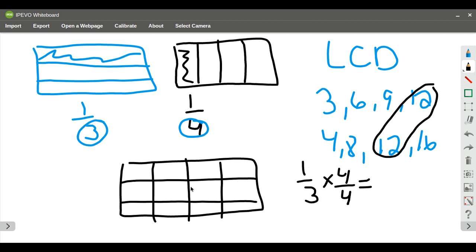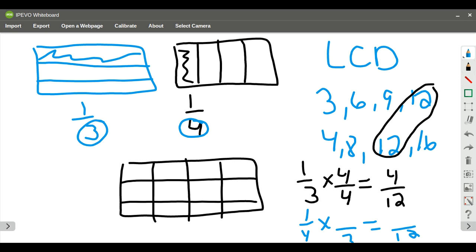Well, to get to 12, I multiplied 3 times 4, and I got 12. So that means I end up with 1 times 4, which is going to be 4. And then when I look at my 1/4, to get to 12, I multiplied by 3.